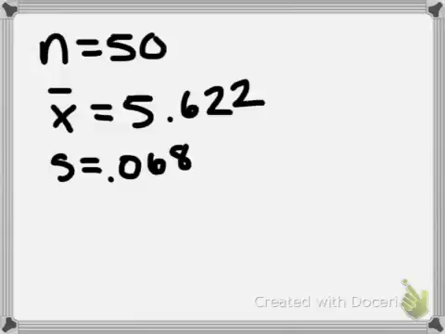And then the claim is, the U.S. Department of the Treasury claims that the procedure it uses to mint quarters yields a mean weight of 5.670.